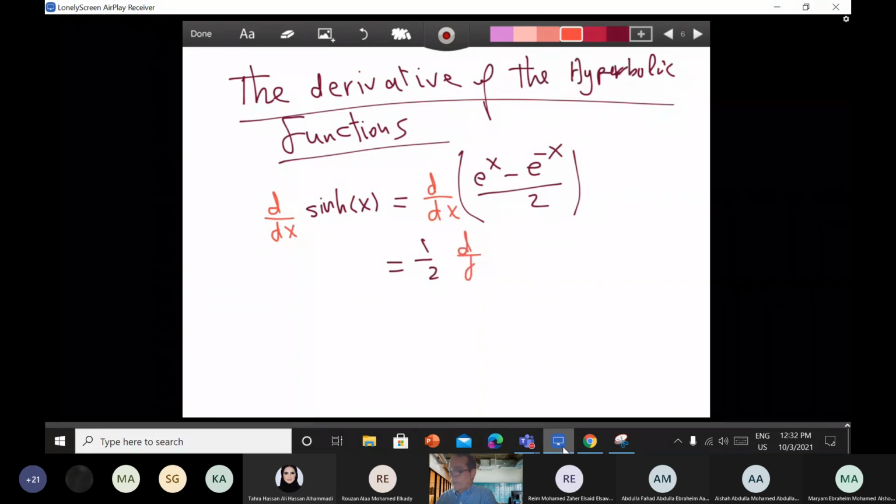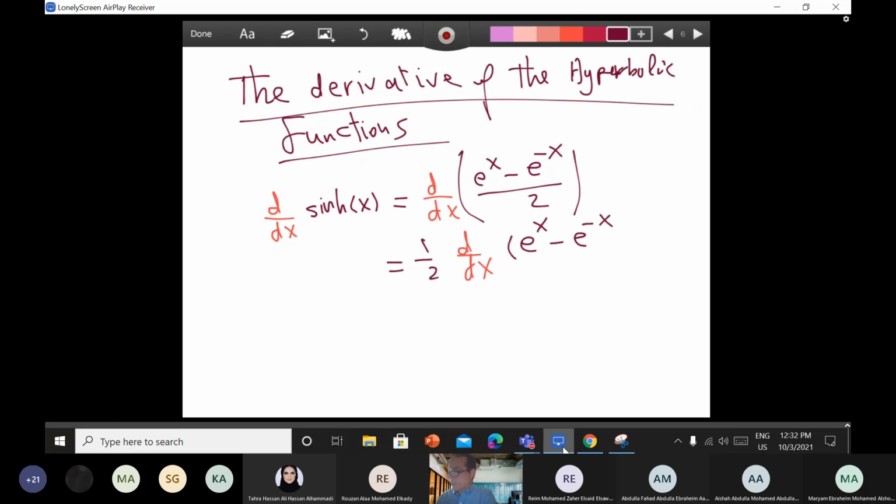I'm revising the derivative again, okay? I would like to differentiate e to the x minus e to the minus x. Now the derivative is a linear operator, so this half, open bracket, d by dx for the first function minus d by dx for the second one.